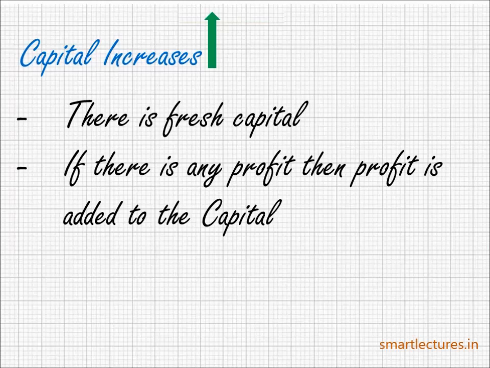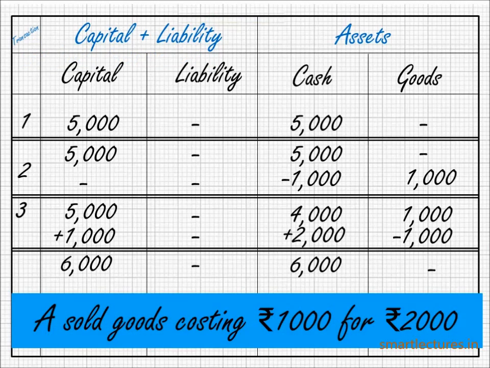Or if there is any profit, if the firm makes any profit in any form, that will be added to the capital. Recently you have seen in the question that the goods costing rupees 1,000 were sold for rupees 2,000. In this way, the firm made a profit of rupees 1,000 and we increased the capital by rupees 1,000.